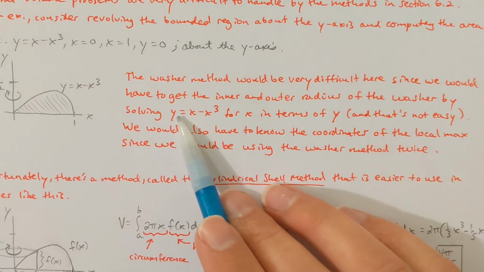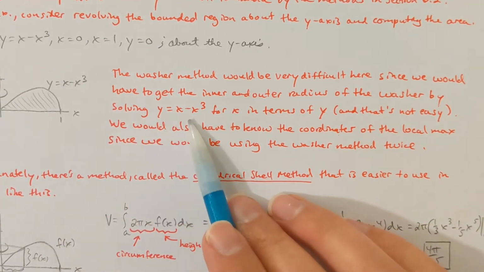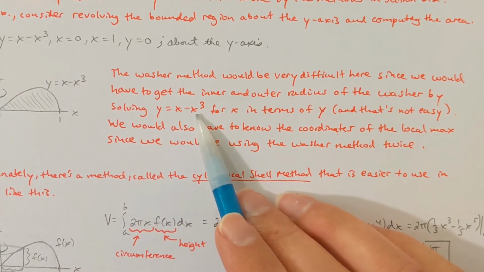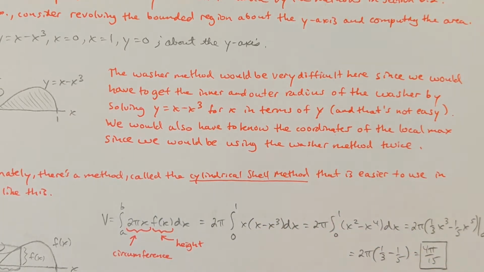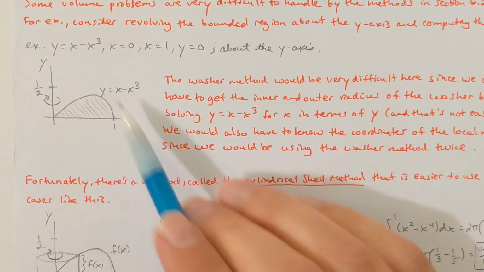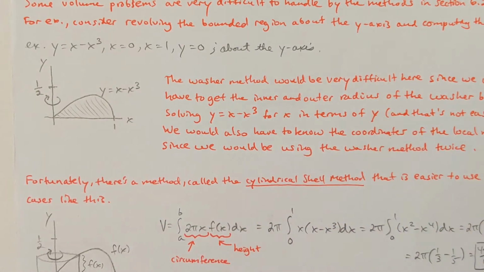Also, I would need to solve this equation for x. That would be brutal. It's not easy to do that, and so there would be some preliminary work that would not really be preferred in a problem like this if we were to use the washer method. Like I said, you'd have to use the washer method twice in going with that route.